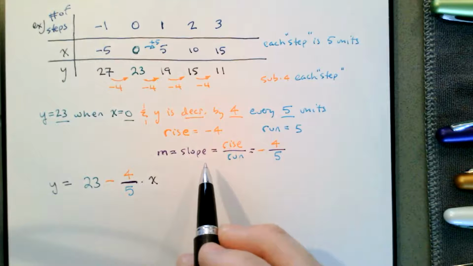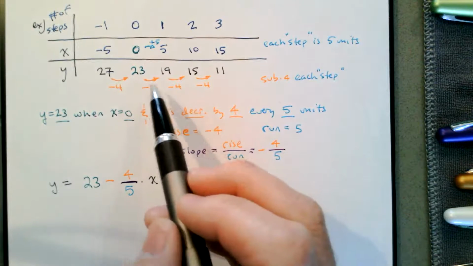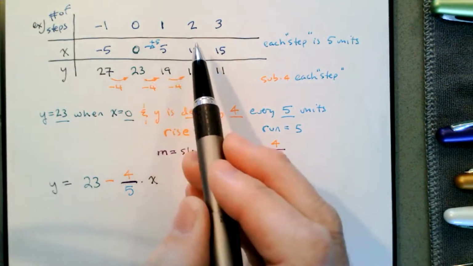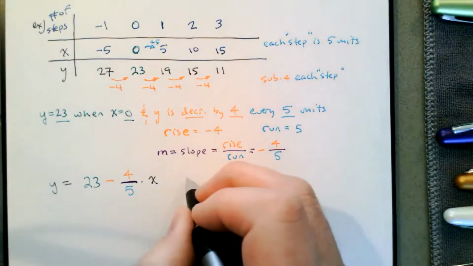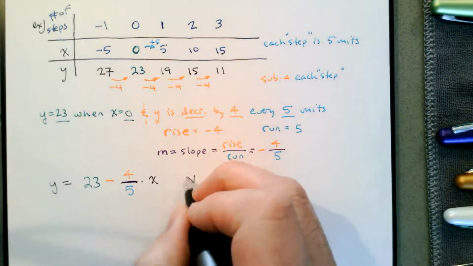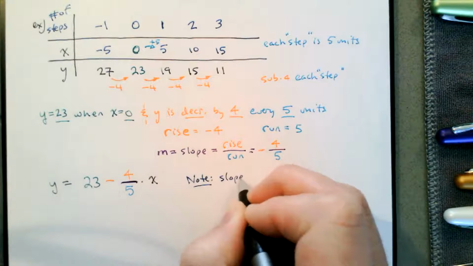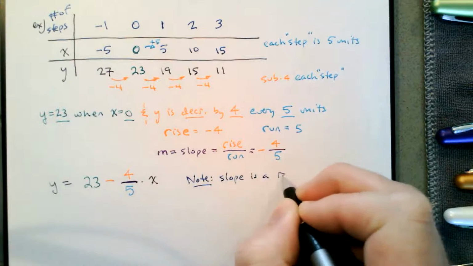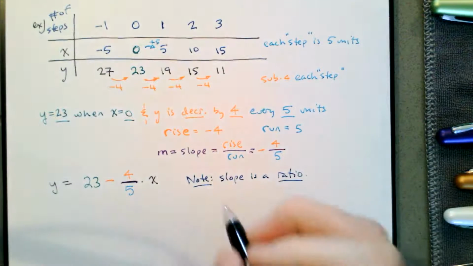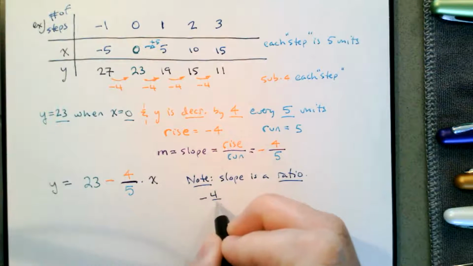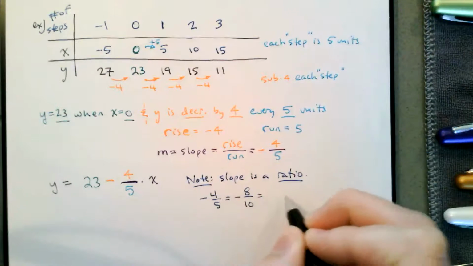So slope is proportional. So decreasing by 4/5 is also decreasing by 8/10. Slope is a ratio. So -4/5 is also -8/10.